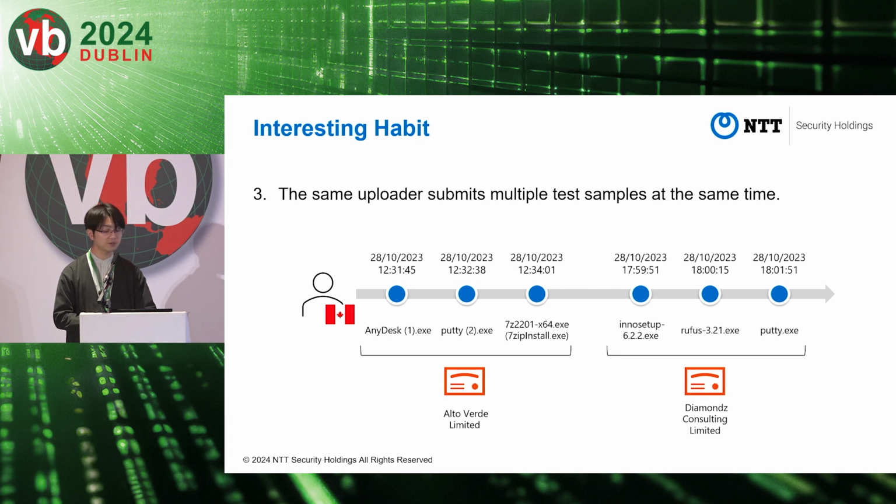The third characteristic is that some of the test samples were submitted by the same uploader. This timeline shows the samples submitted by a specific uploader. A total of 6 test samples were submitted, 3 of which were signed with one certificate, while the other 3 were signed with a different certificate.